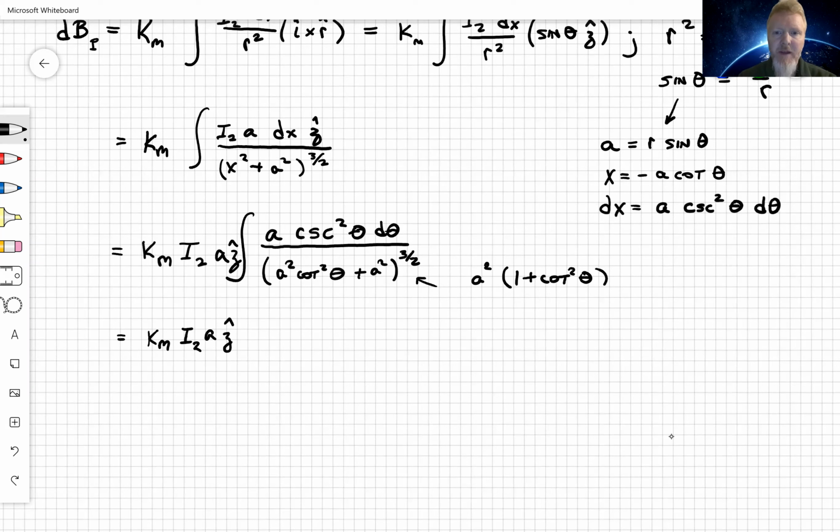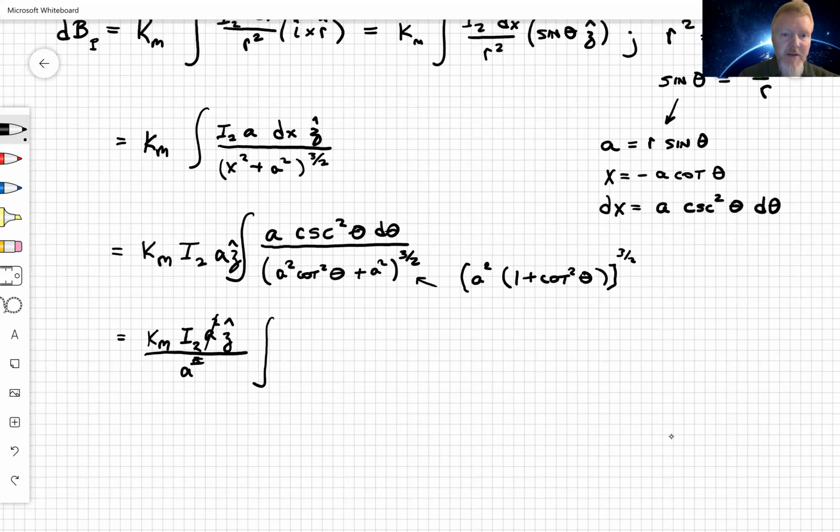And this whole thing is underneath the 3/2. So if I take an a squared out of there, it becomes an a to the 3rd, which cancels with one of these on the top, which makes it an a squared again. But I've already got an a sitting here, so that makes it really a 1 over a. All right, so let's cancel. That's gone and that's gone.